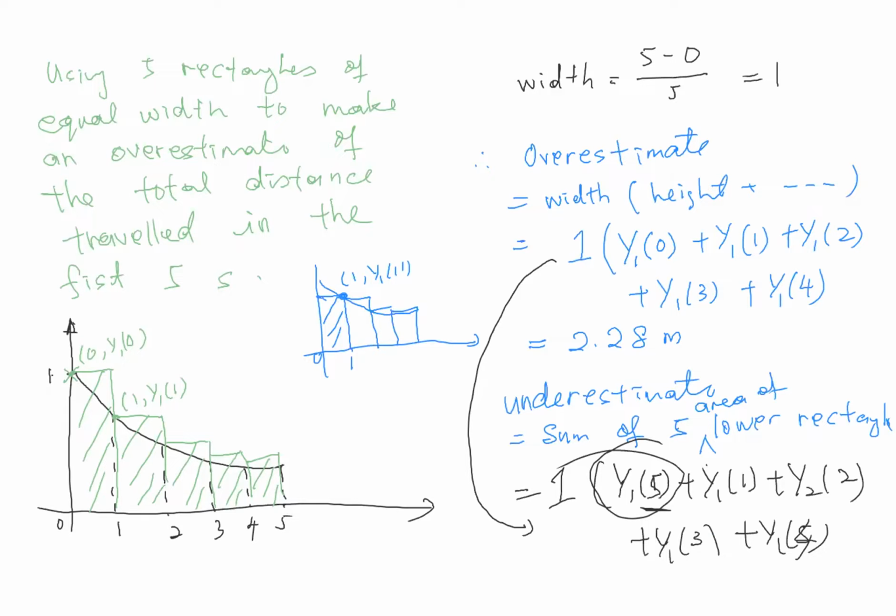Am I right? So what is the value of the underestimate then? You put second enter. Okay. So 1.417.